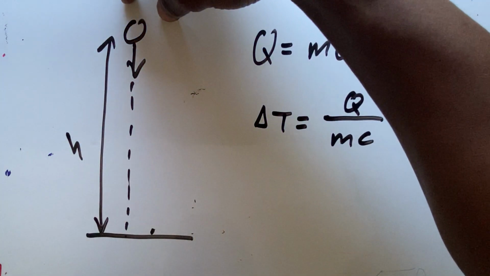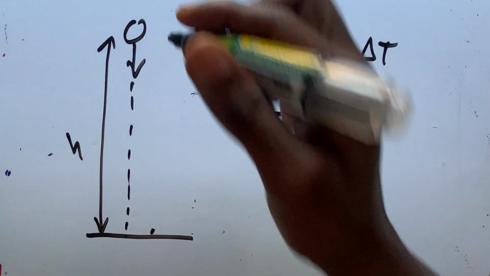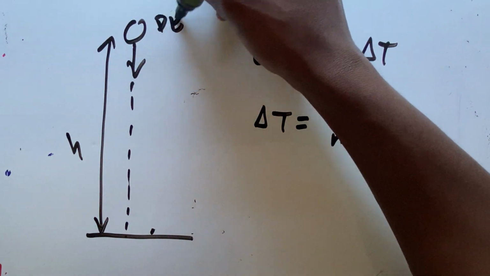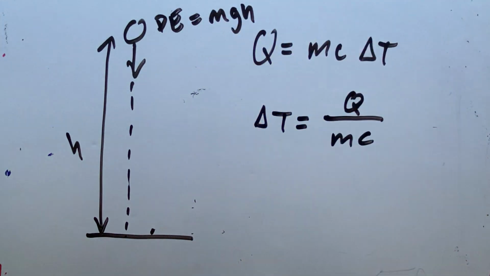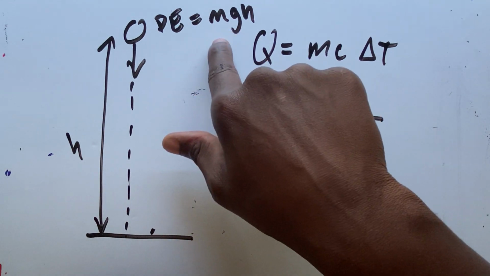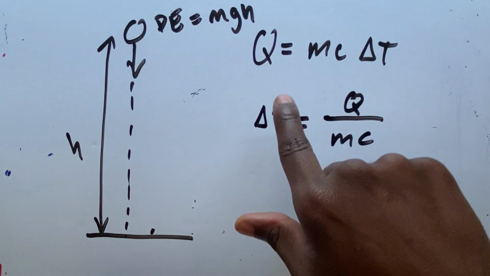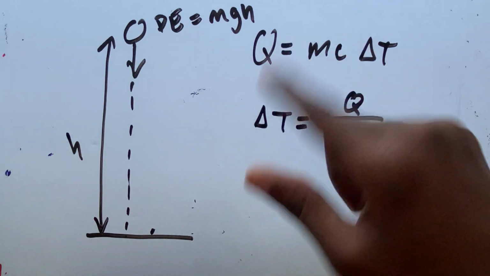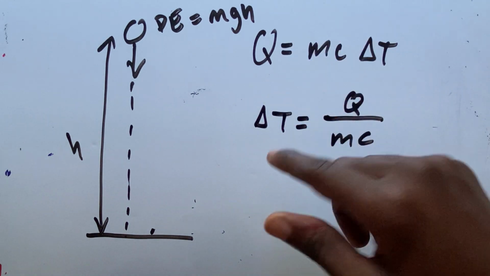Since it's up here at some height, it has some potential energy, given by mass times gravity times H. So half of this energy is going to be transferred into temperature. It's basically going to increase the temperature of the ball.